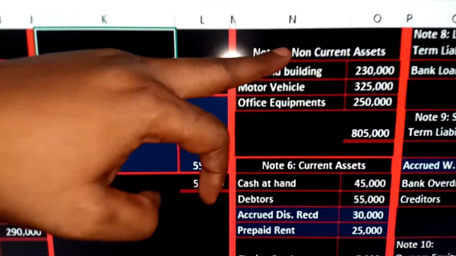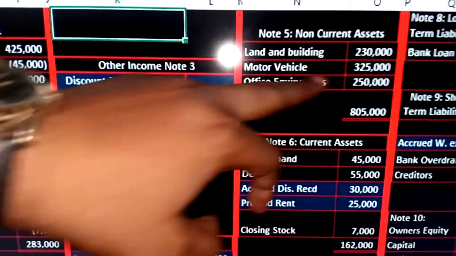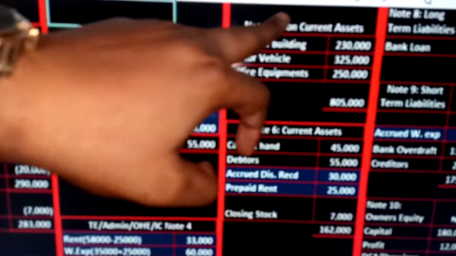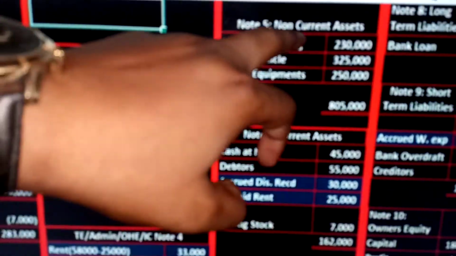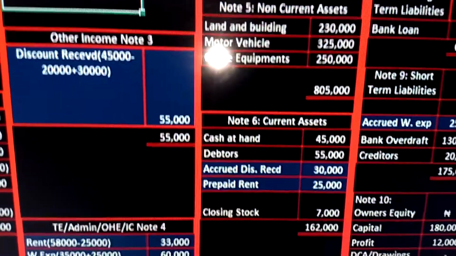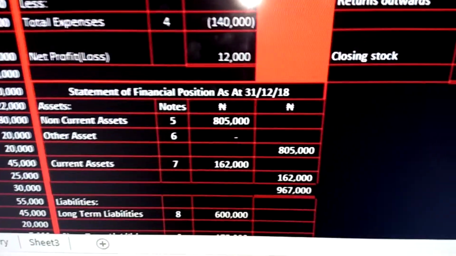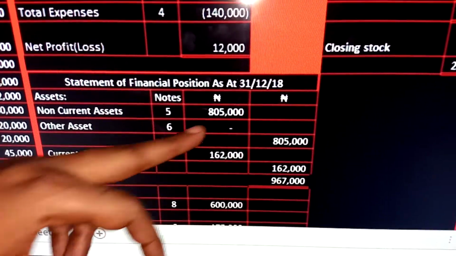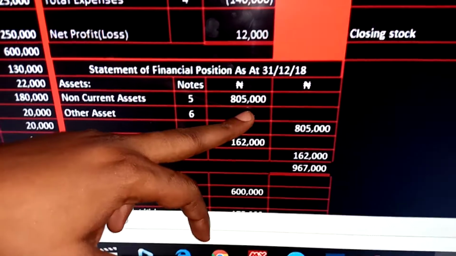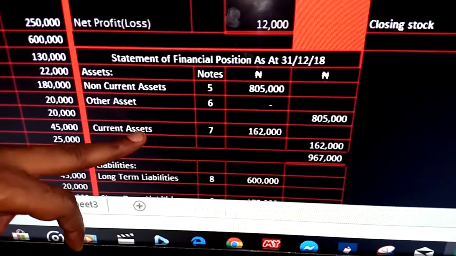So if we add land and building, motor vehicle and equipment, that gives a total of 805,000 for the non-current asset. That's what we're quoting here, 805. In this question, there's no other asset, so that's why it is dash. Okay, so we have current assets, note 7.